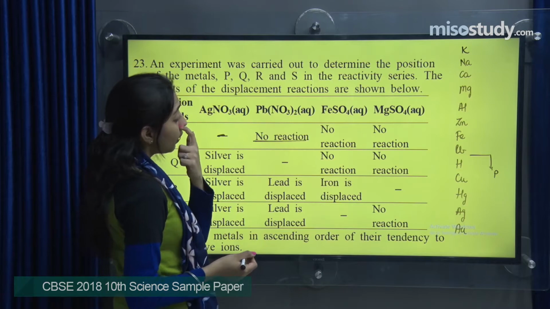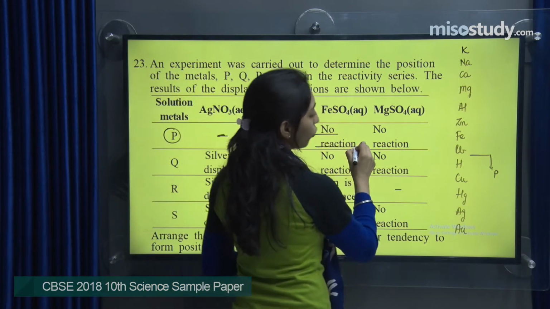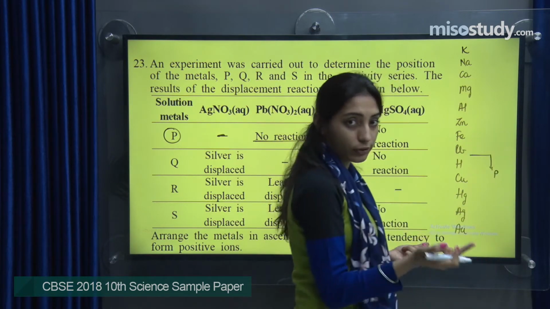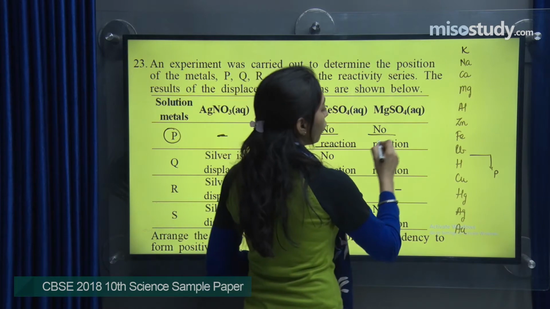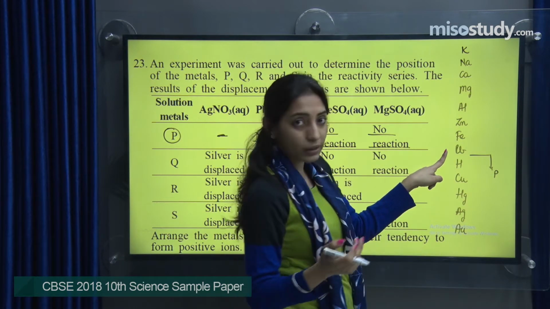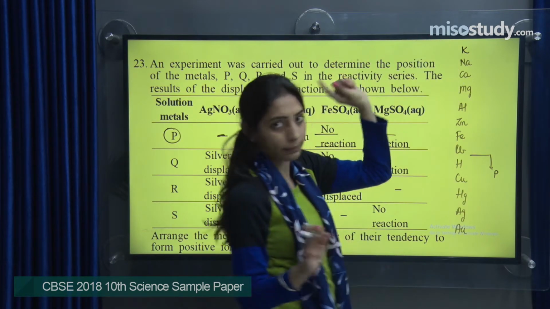Now he is saying when it was added to FeSO4, then also no reaction. So genuinely, when there is no reaction with lead, there is no reaction with Fe also. And no reaction with Mg. That's quite obvious, no? When no reaction with lead, no reaction with Fe, Zn, Al, Mg, Ca, Na, K. Okay.